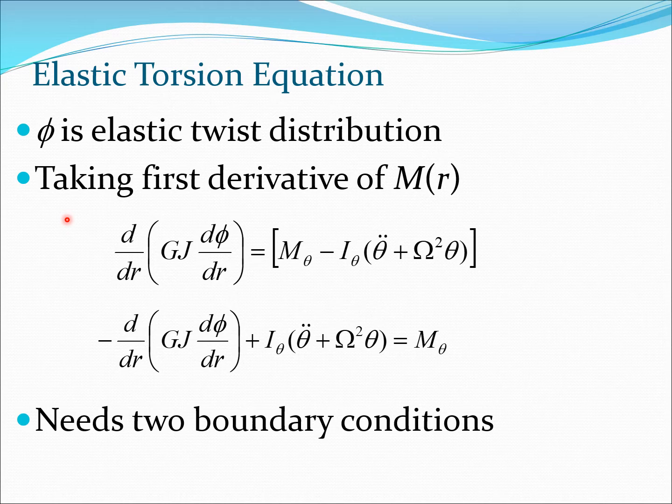So we take a derivative of M_r with respect to r, and so we get this equation here. Okay. So here now I have been able to relate the torsional stiffness GJ, the elastic twist phi, with the moments which act on that particular cross section. So I can write this equation in this form by bringing the forcing function to the right hand side, that is m theta, that is essentially coming from the fluid mechanics of the problem.